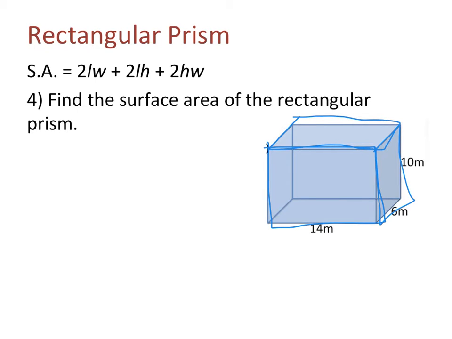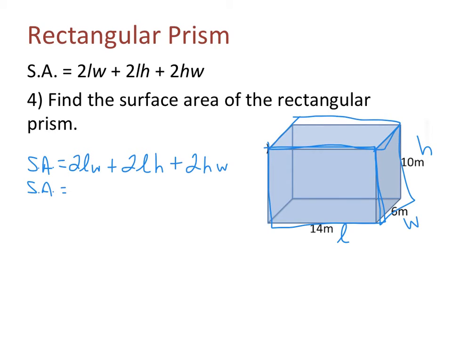So I can mark on my figure, 14 meters is our length, 6 meters is the width, and 10 meters is the height. We can just substitute those numbers into our formula to calculate the surface area. So I'm going to write out the formula. Surface area equals 2 times length times width, plus 2 times length times height, plus 2 times height times width.